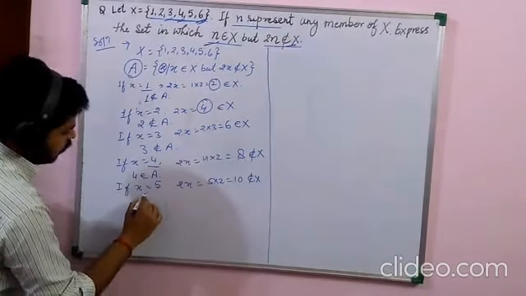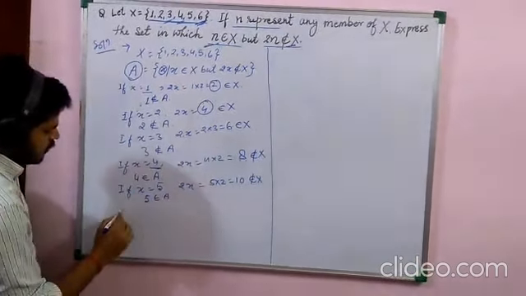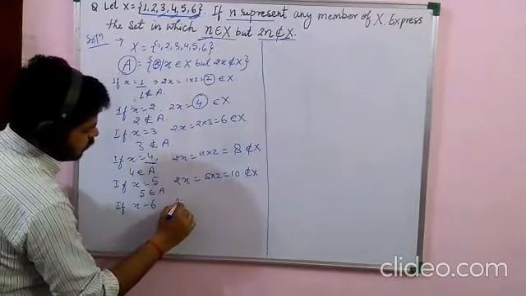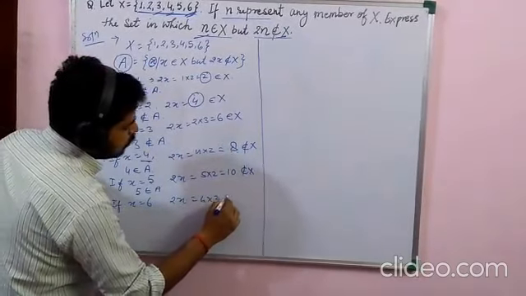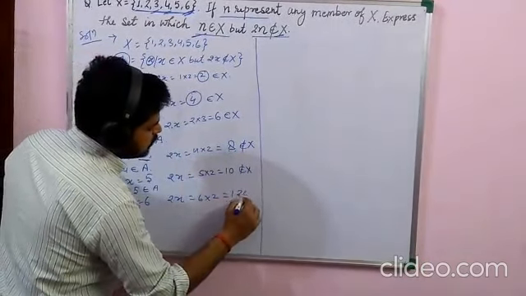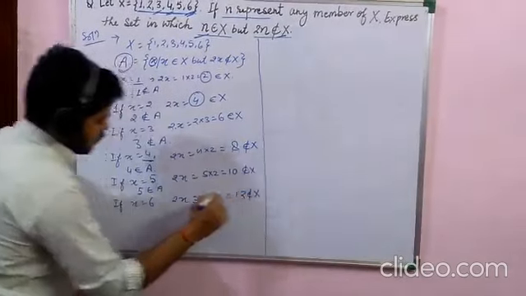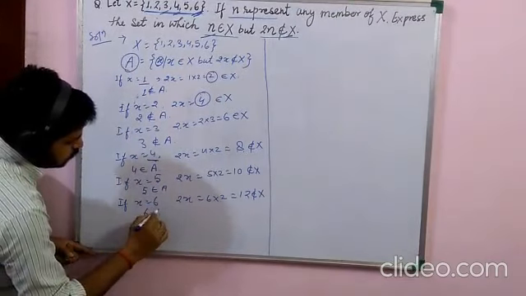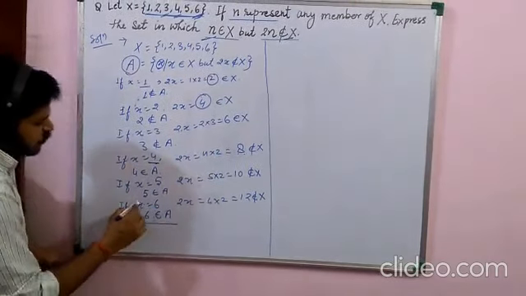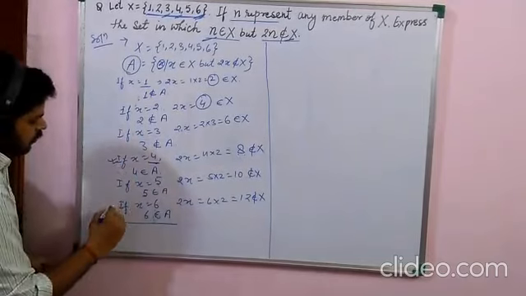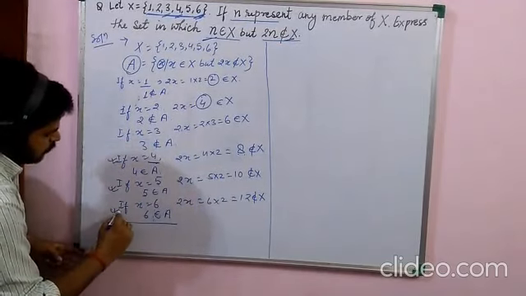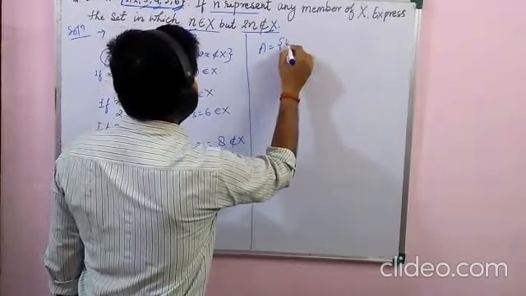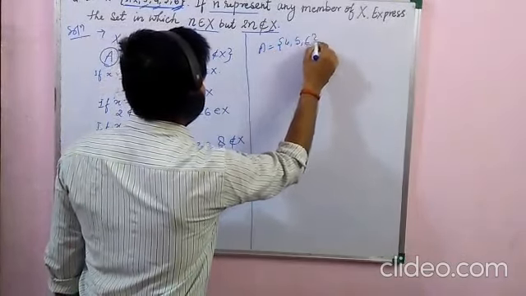So 5 will also belong to A. Now we check for x is equal to 6. 2x is equal to 6 into 2, which is equal to 12, and again this 12 does not belong to X. So 6 will also belong to A. So we have got three elements, 4, 5 and 6, which belong to A. So the answer will be A is equal to {4, 5, 6}.